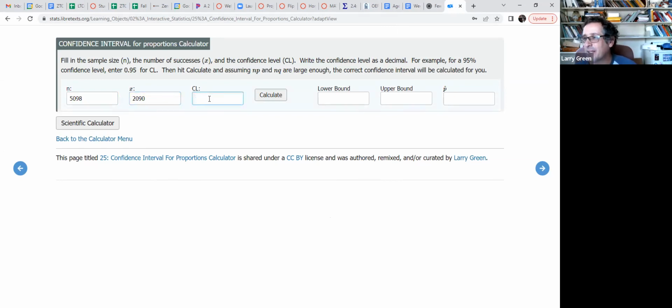Confidence level, what do you think a good confidence level is for this? Yeah, probably 95% because this is political science. Political scientists always use 95%. So 0.95.